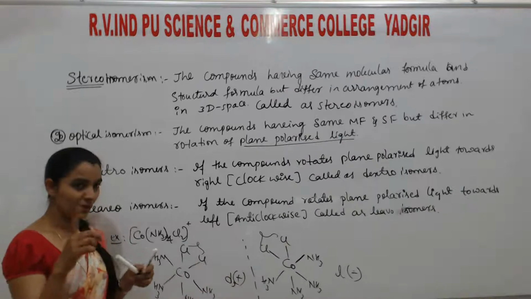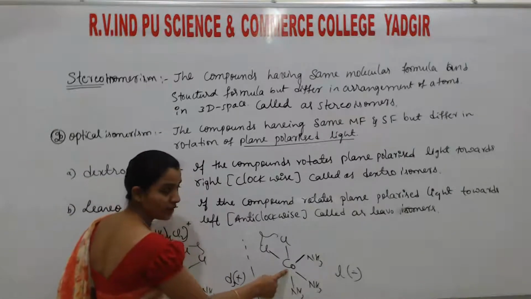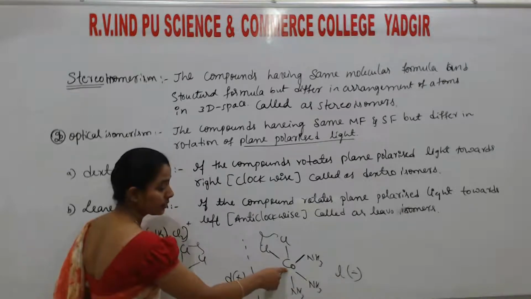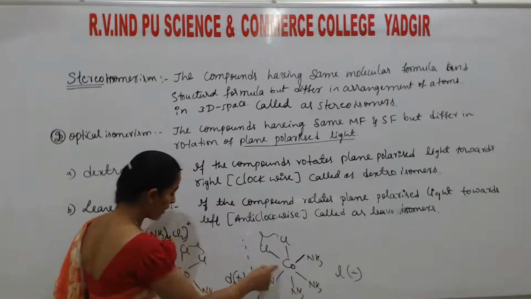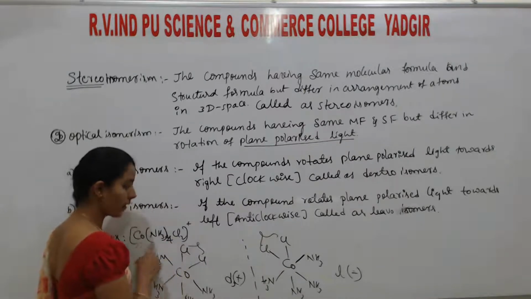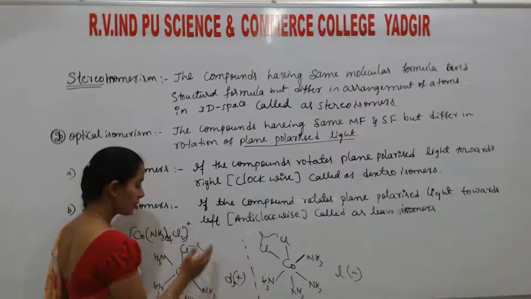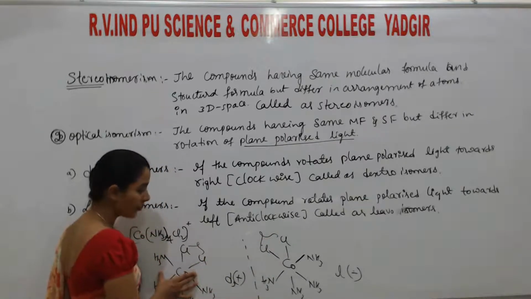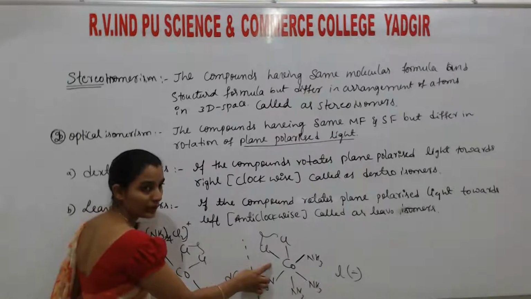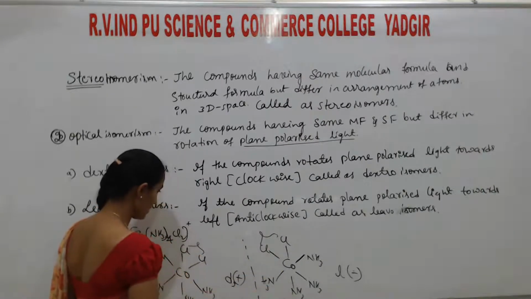So students, listen here. Here cobalt is this, four times ammonia is there, Cl2 is there, cobalt is there. Here also the same thing. So this is exactly a mirror image. If you keep this compound in front of a mirror, it looks exactly like this, opposite. These two are front, these two are here, and these two are here.